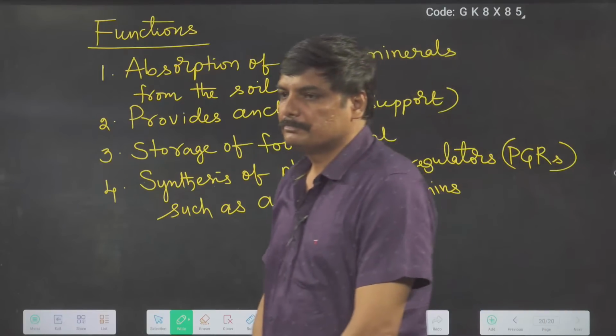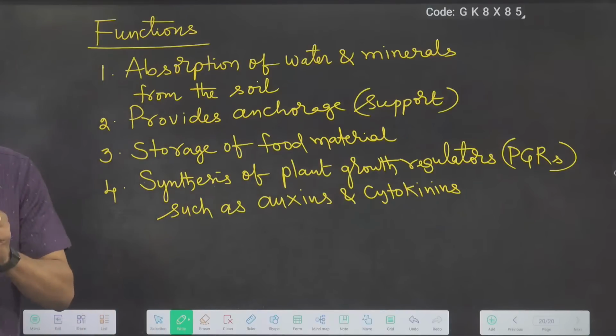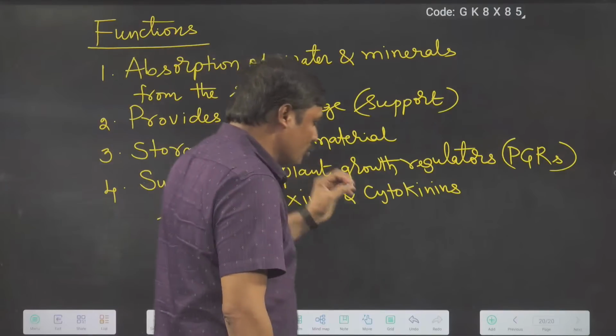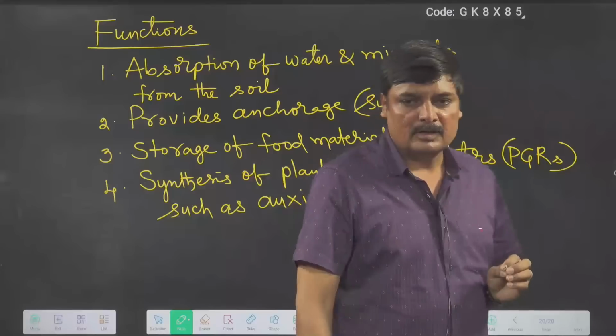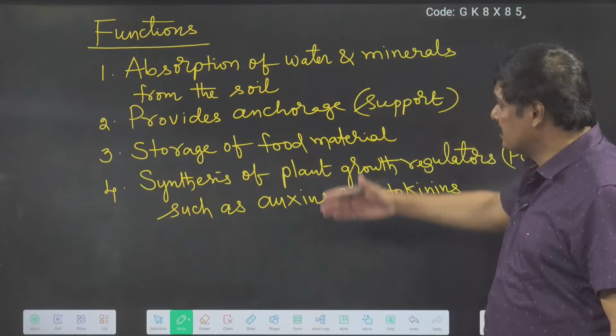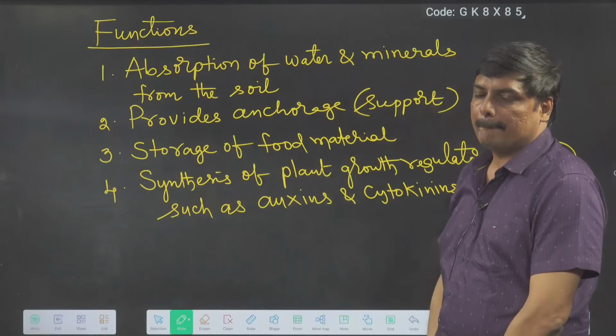Understand? Phytohormones are also called plant hormones, are also known as plant growth regulators. In shortcut, they are called as PGRs. These are the four functions of root system.